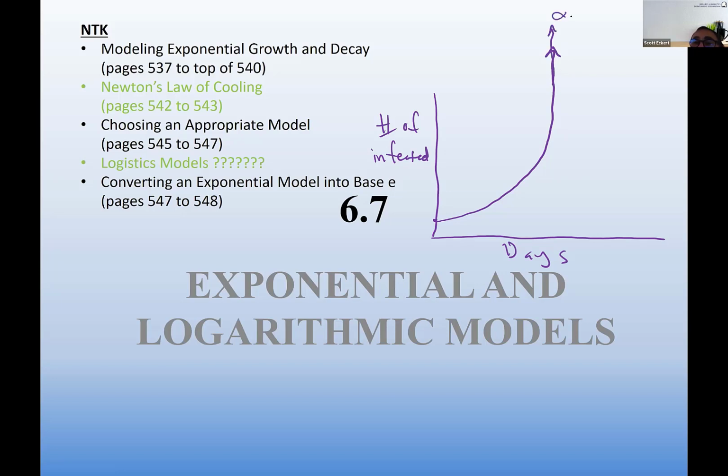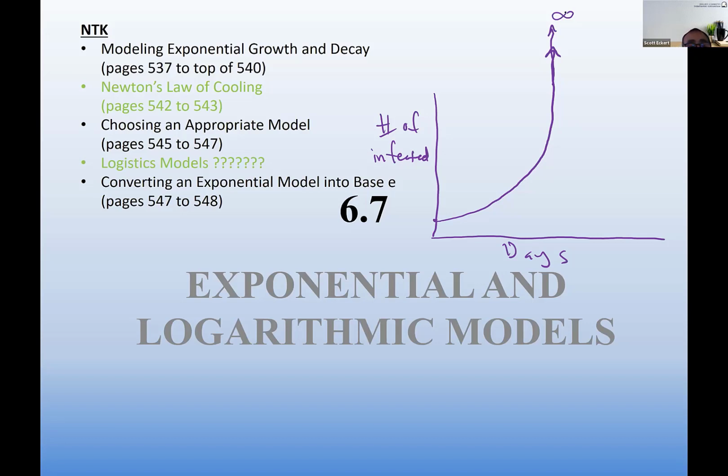Now, can the number of infected people go to infinity? Well, no, there aren't infinity people. So what happens with exponential growth is it turns into a different kind of model.